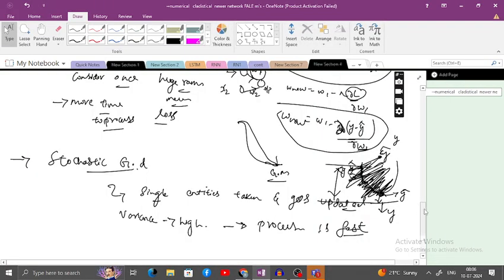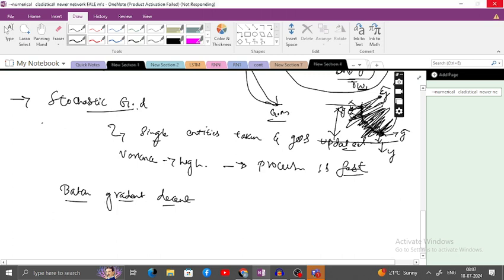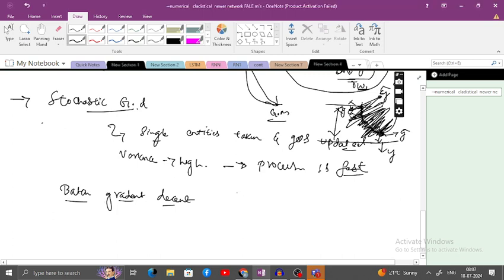Now people came out with one more term called batch gradient descent. Instead of this, you take the data in batches.